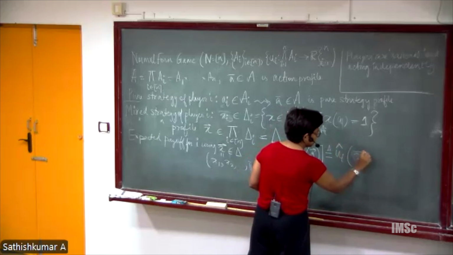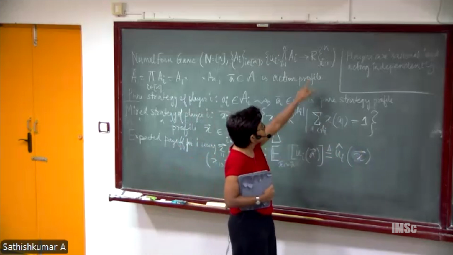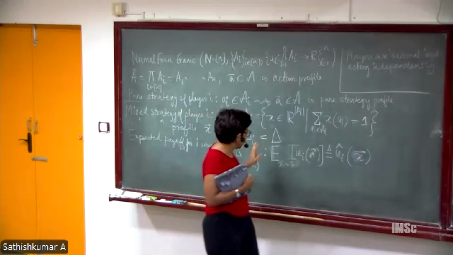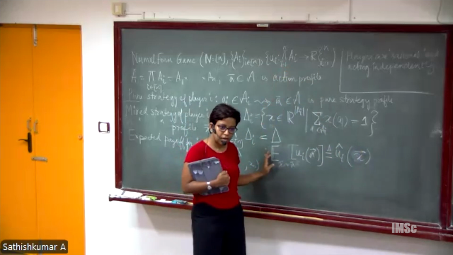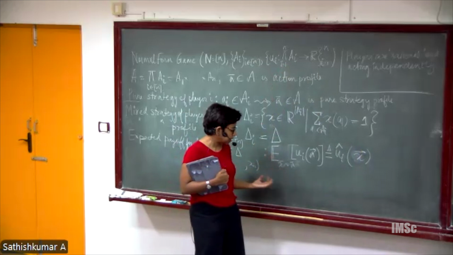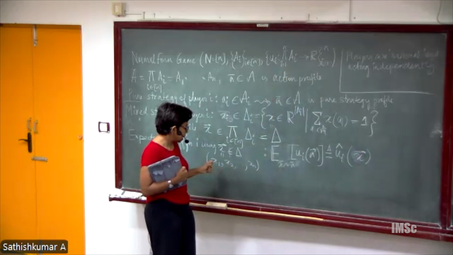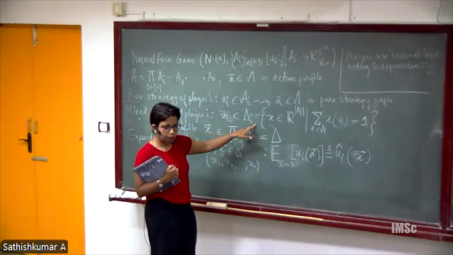This is a bit of an abuse of notation. Ui was defined on the action profile. This is the quantity I'm trying to compute, where X bar is the profile of all the players. Each player has picked his mixed strategy from his mixed strategy space.